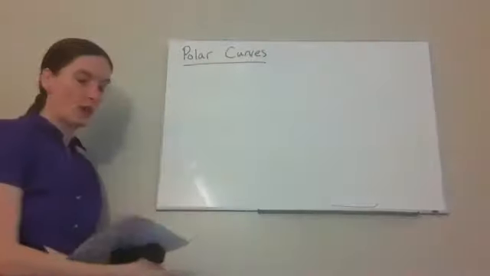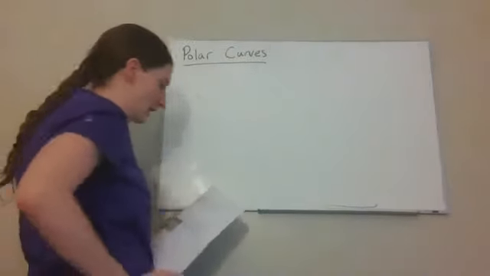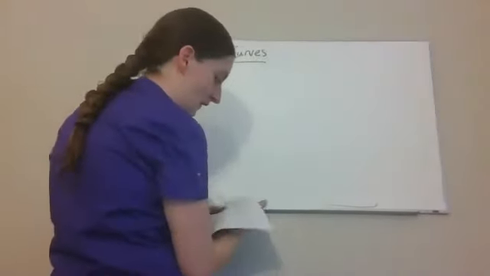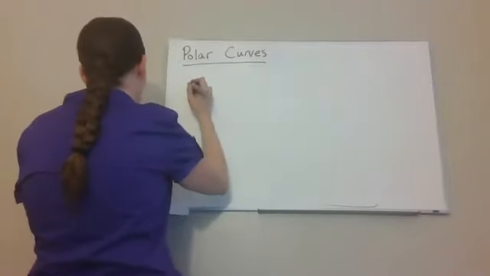So the graph of a polar equation, r equals a function of theta, consists of all points that have at least one polar representation that satisfies the equation.